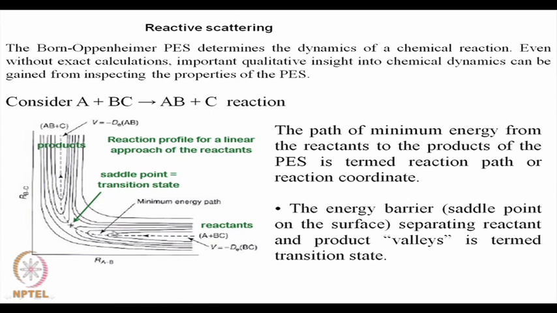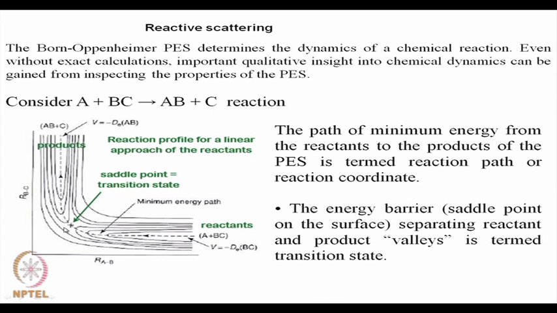So this is your reaction coordinate, and this corresponds to dE, the electronic dissociation energy for BC, and this corresponds to the electronic dissociation energy for AB, dE. And the energy barrier, that is the saddle point, this energy barrier separating the reactant and product valleys is termed as the transition state.